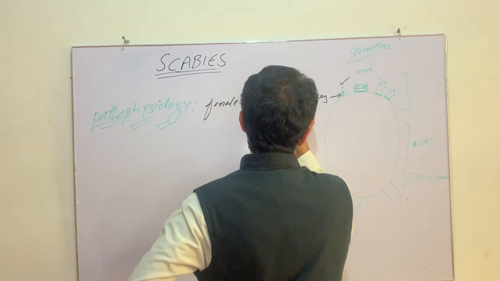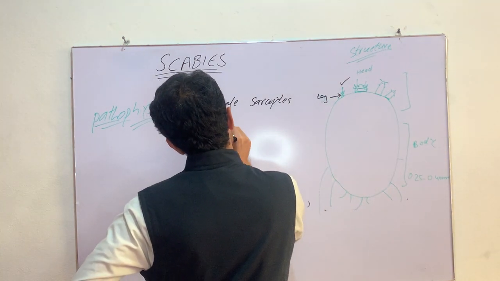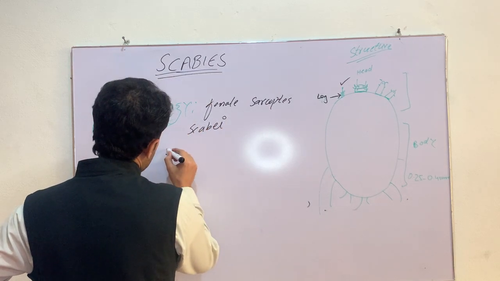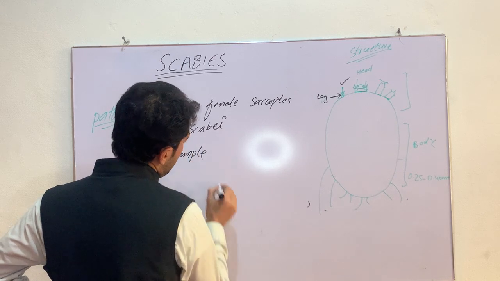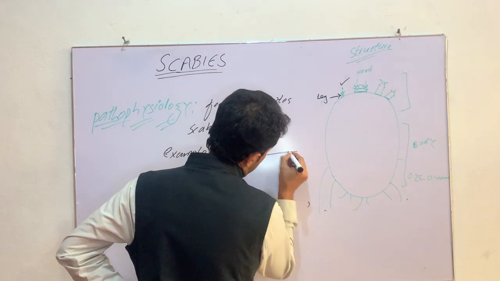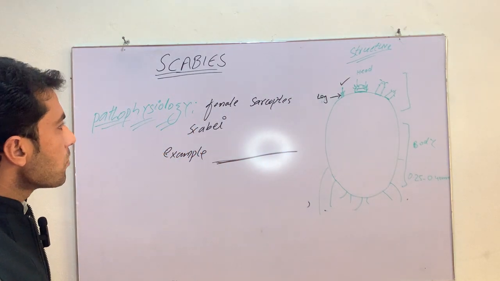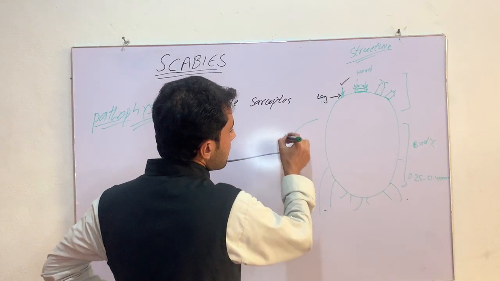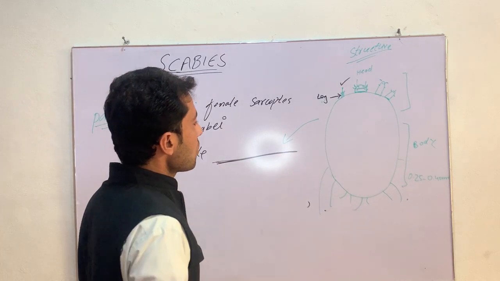So for example, this is our skin, the superficial layer, which is called the stratum corneum. And this is the female type of Sarcoptes scabiei.